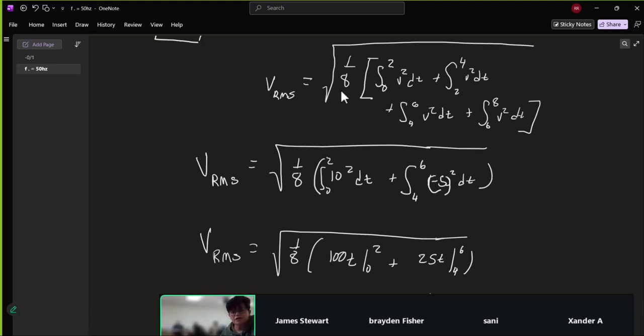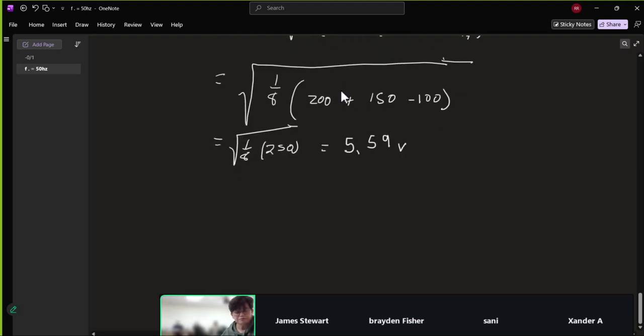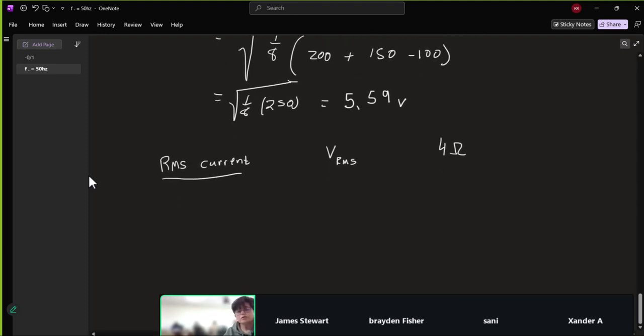The next part says to find the RMS current. Well, we don't have to do anything crazy here. If we have the RMS voltage and we were given a resistor value, which was 4 ohms, everything you know from Circuits 1 works with RMS.